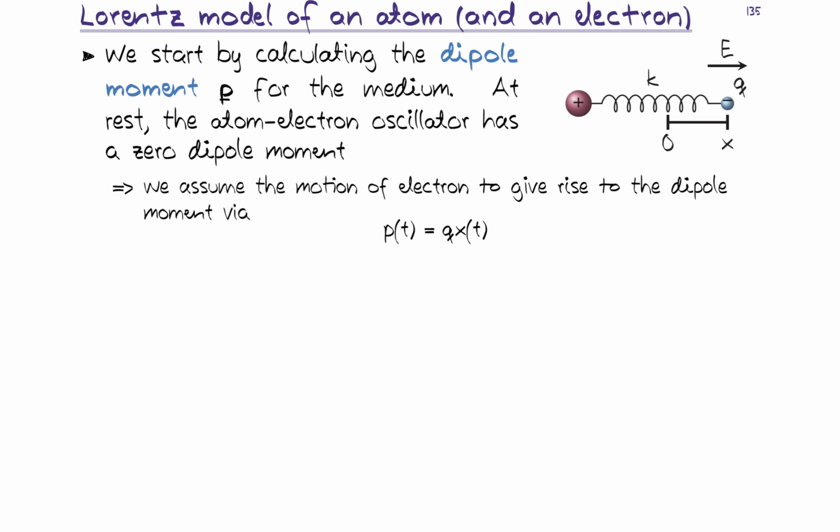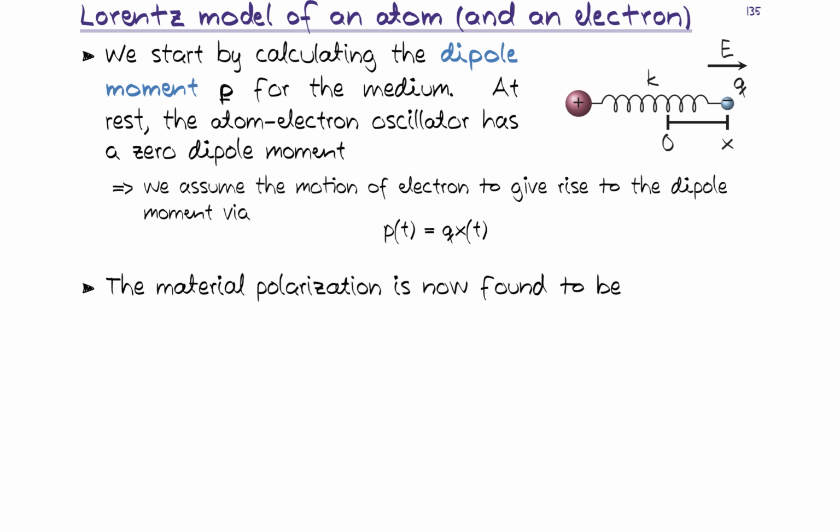And here we are thinking of the dipole moment formed by an electron, so the charge here will be the charge of an electron. And the material polarization, which is now the macroscopic quantity of interest, we denote with the capital P. This is easily calculated once we know how many of these dipole moments we have per unit volume, so we can multiply the individual dipole moment's response with this density of dipole moments, and we get the material polarization.